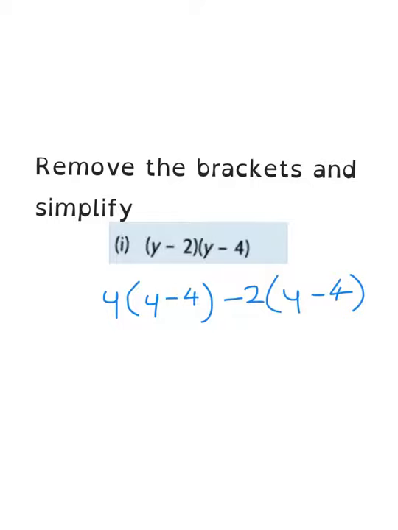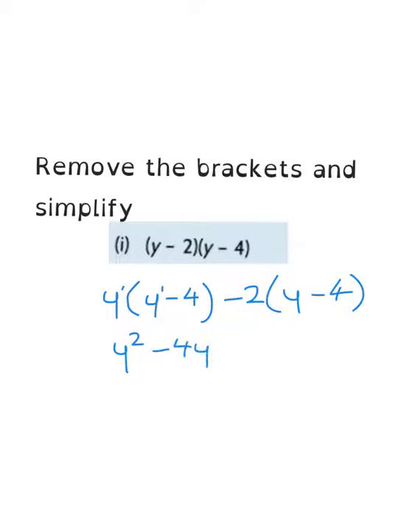Then we go ahead and multiply, so y by y gives me y squared. Remember the rule, add the indices, so we have to imagine that there is a 1 on each of those. Y by 4 gives me minus 4y.